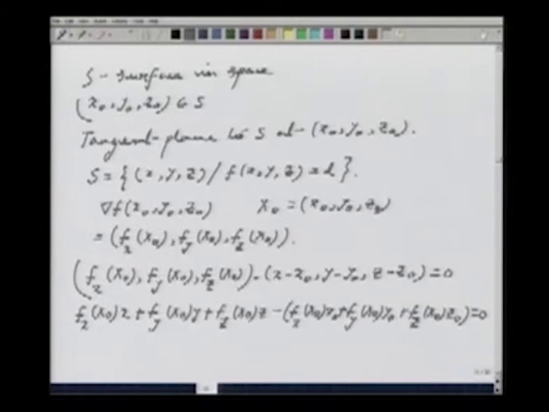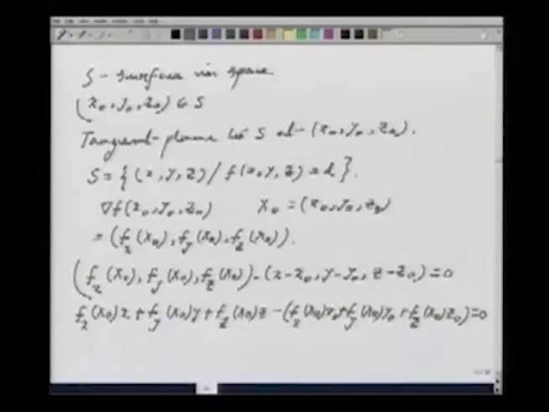Notice here that capital X naught, that is the point x naught, y naught, z naught, is given to me. So fx at x naught is a number, fy at x naught is a number, fz at x naught is a number.